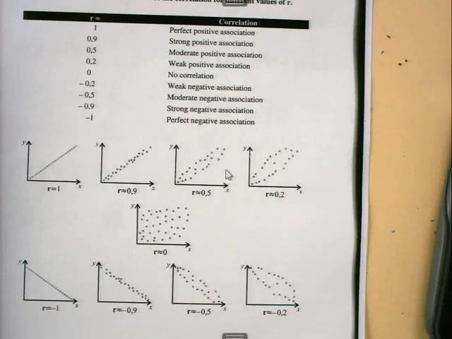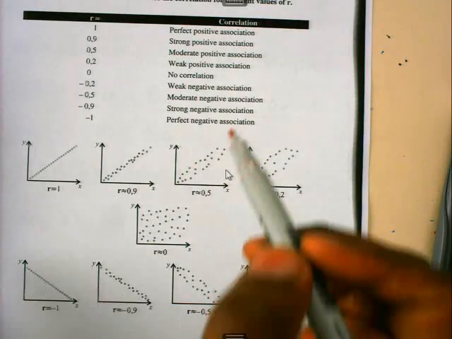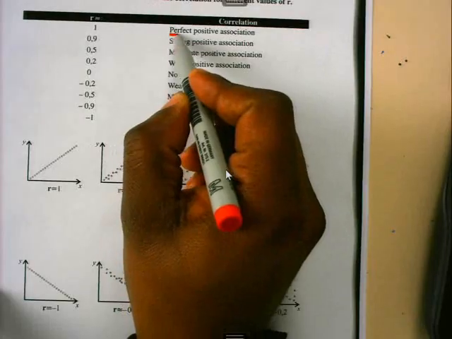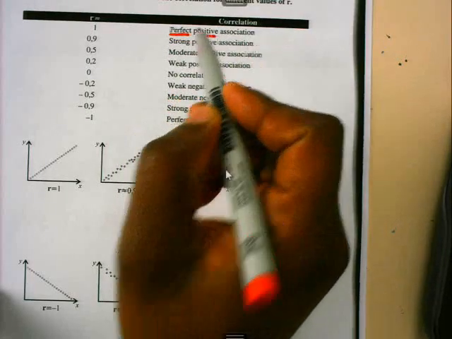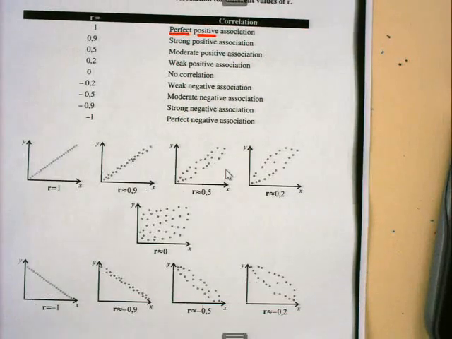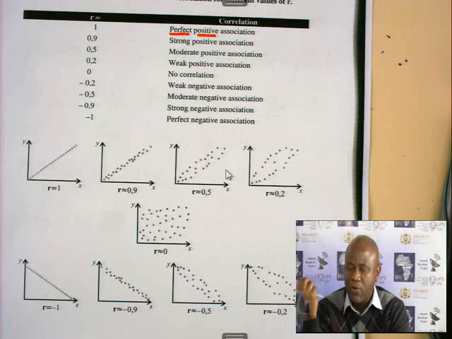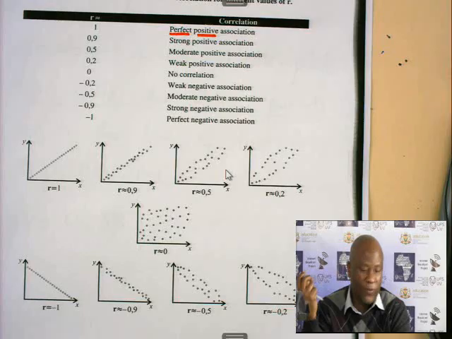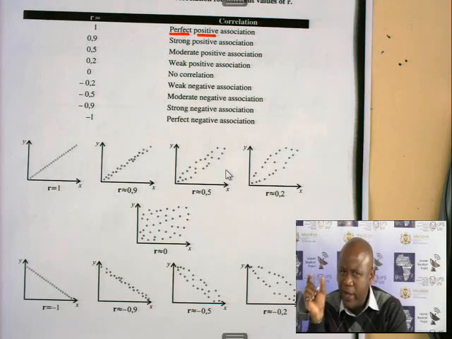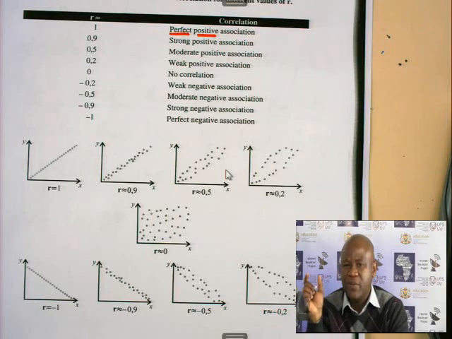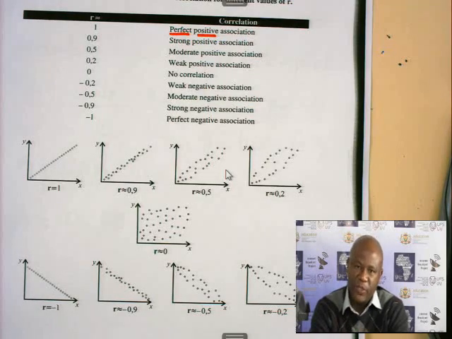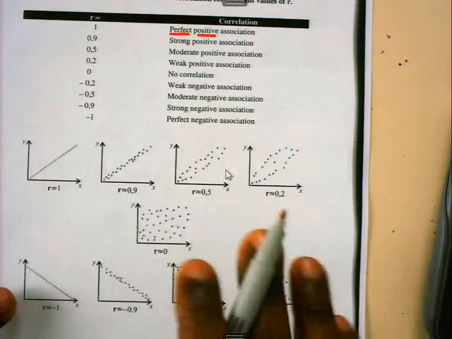I want to underline these words. Once R is 1, perfect positive. Those two words must go together. Always when you talk of this association of R, the correlation coefficient, you must use the two words. It becomes very important. Perfect positive. Now, why do we say positive?